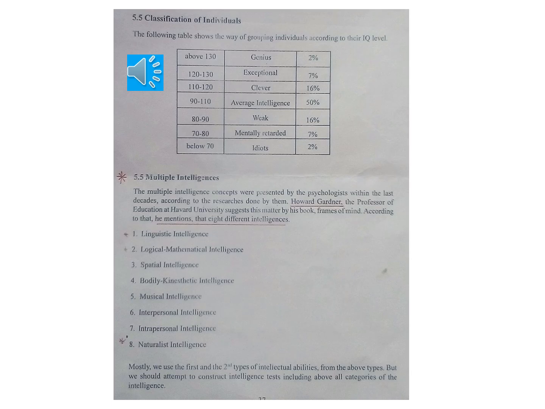5.5, multiple intelligences, right? According to Howard Gardner, there are 8 different intelligences.